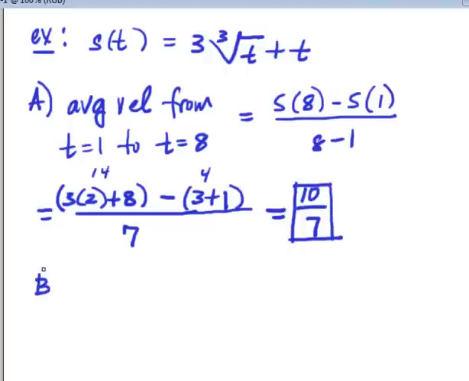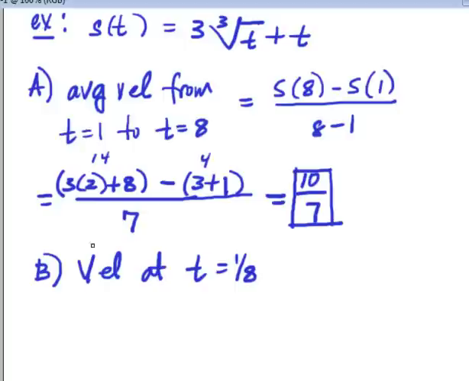All right, and then let's suppose we want the velocity at time t is equal to 1/8. All right, so then we need to find v of t. Well, to find v of t, we're going to differentiate s of t, and let's just rewrite it with the cube root of t written as t to the 1/3.